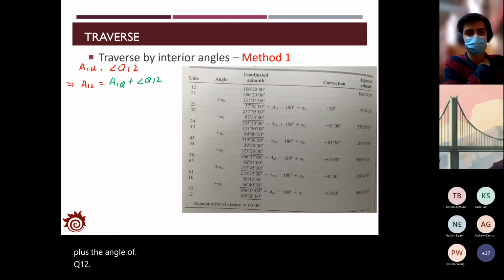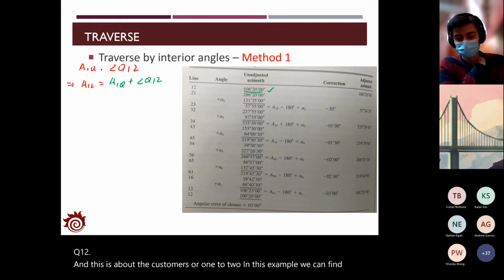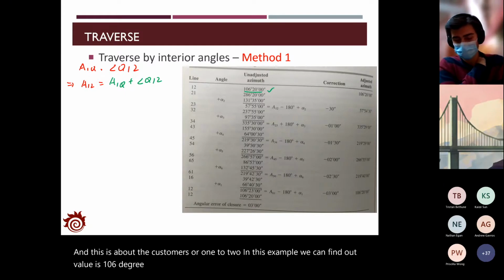And this is about the azimuth of 1 to 2. In this example, we can find out the value is 106 degrees, 20 minutes, and 0 seconds.